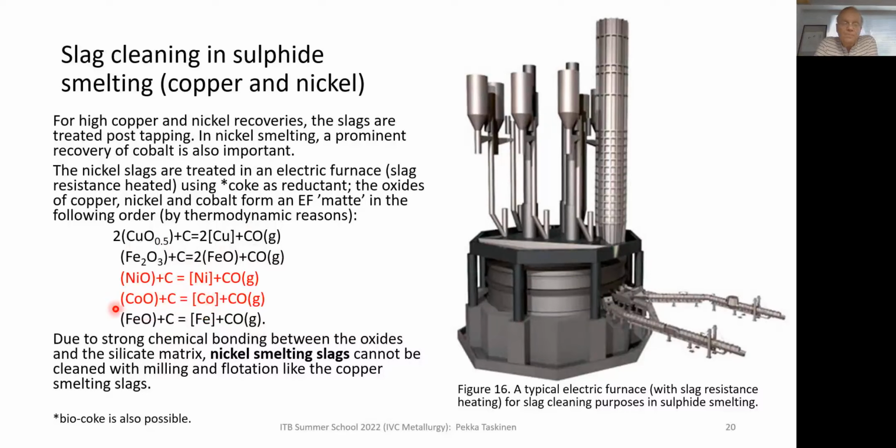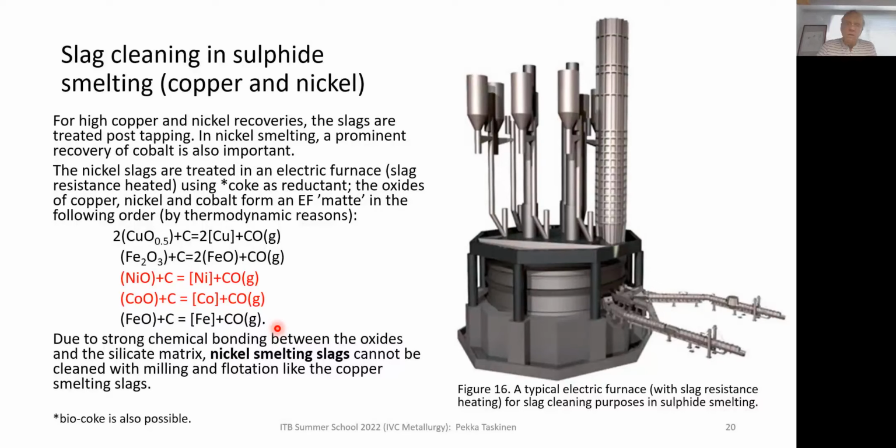And this is taking place simultaneously with the reduction of iron, and that is why the iron concentration of this electric furnace matte is high, in order to ensure high recovery for cobalt and nickel as well.